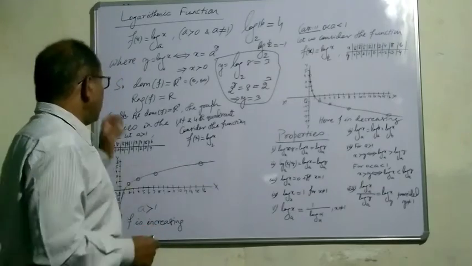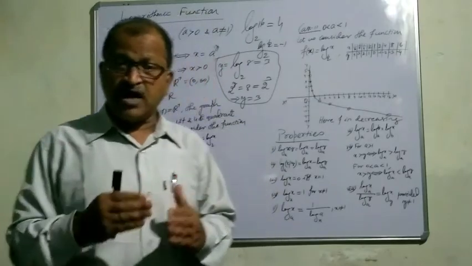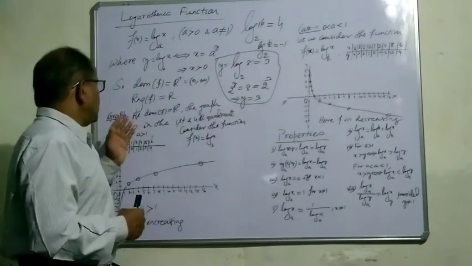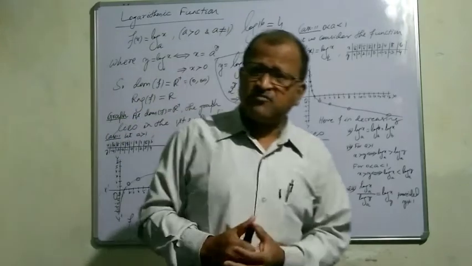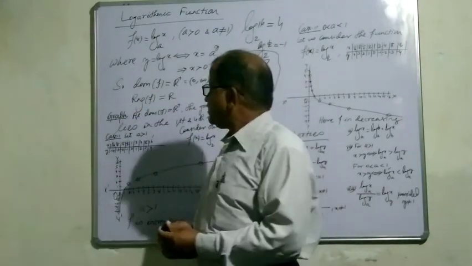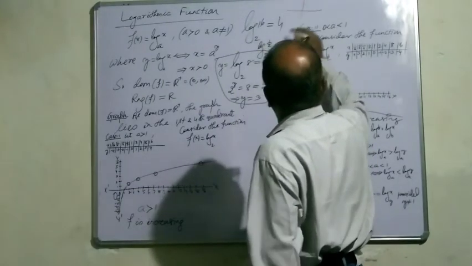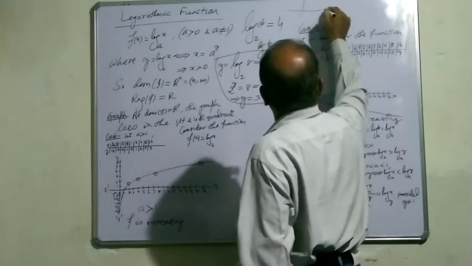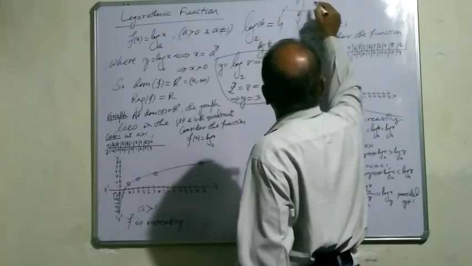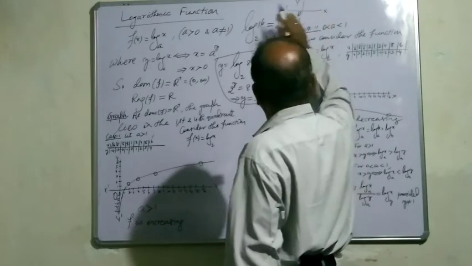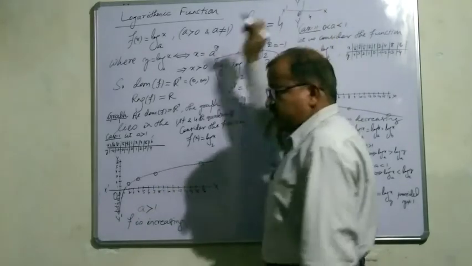Now let us draw the graph of this logarithmic function. Since its domain is R plus, the set of positive real numbers, in our coordinate axes, this is the x axis, this is the y axis, and this is the origin. x is positive in the first quadrant and in the fourth quadrant.